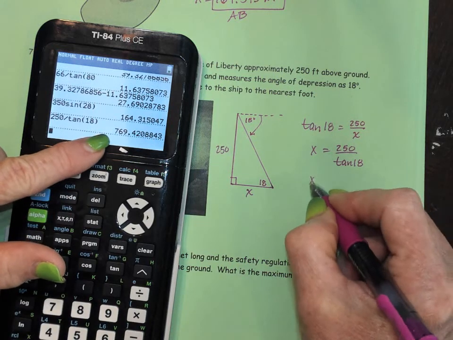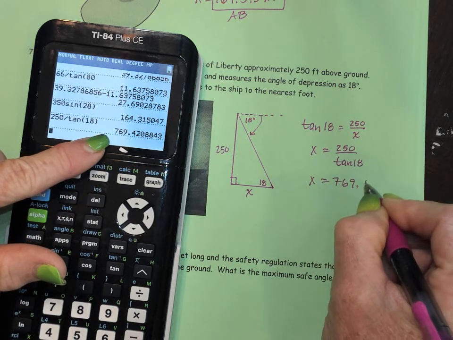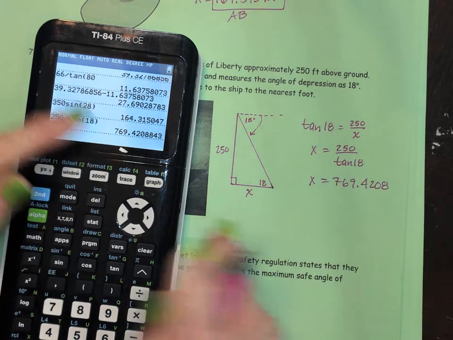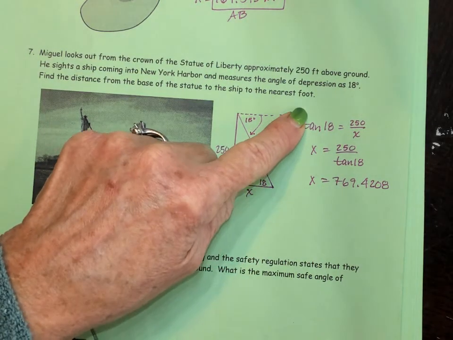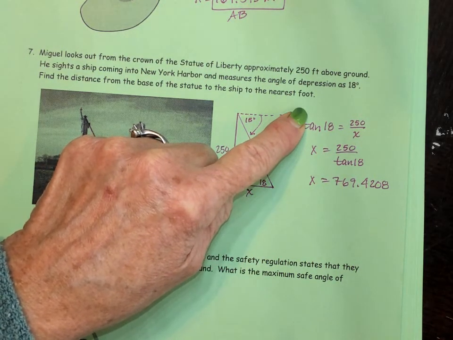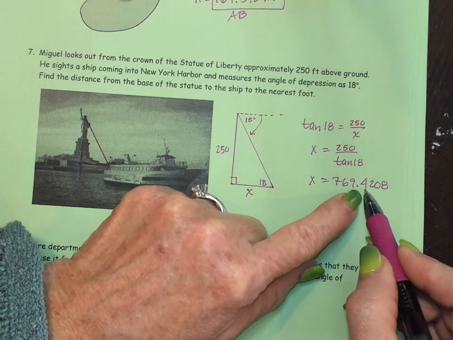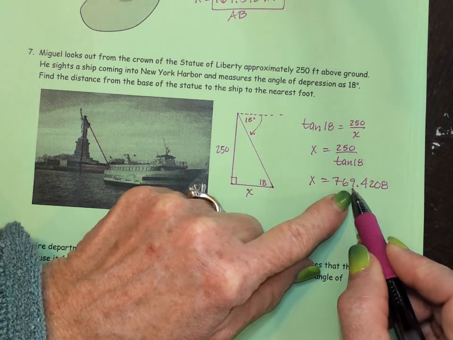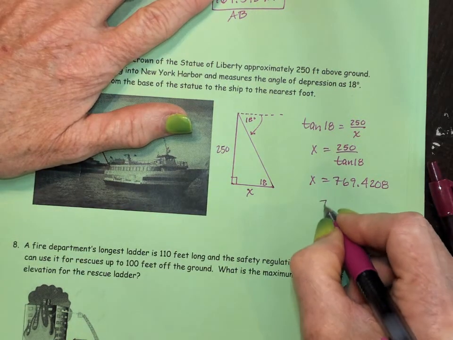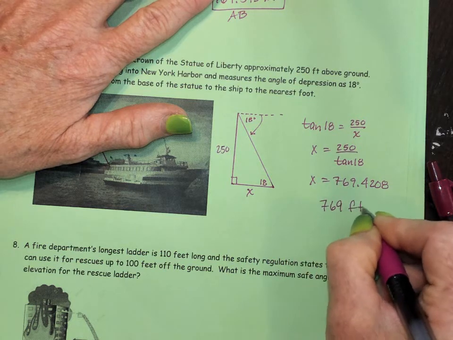And we get 769.4208. And we want to the nearest foot. Nearest foot, so 769, this 4 does not make that 9 round up, so nearest foot would be 769 feet.